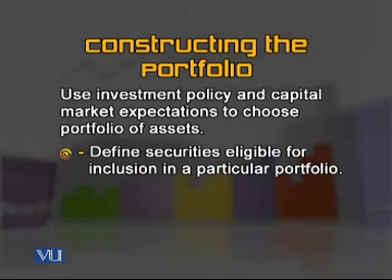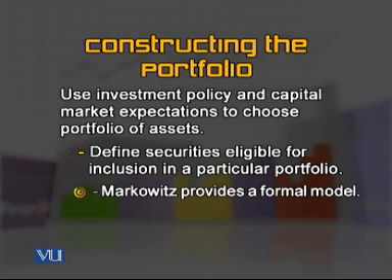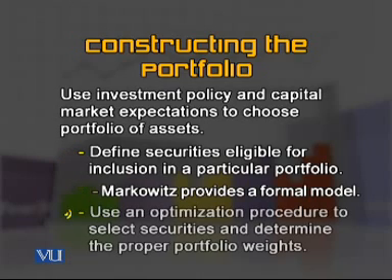So we have to have different portfolios, and Markowitz provides an excellent model for us to look at while constructing a portfolio. We use optimization procedures to select securities and determine their weightage in the portfolio. The proportion of each asset in the portfolio is going to be different.